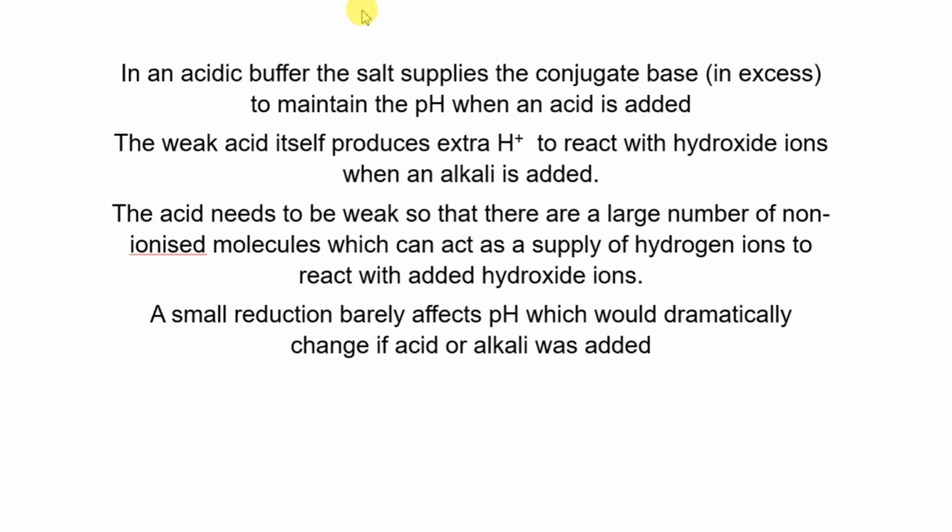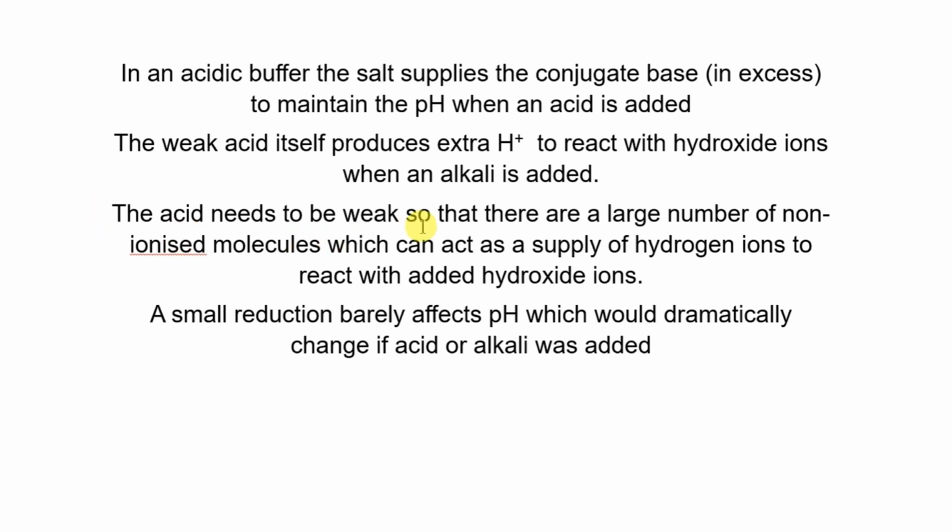In an acidic buffer, the salt supplies the conjugate base in excess to maintain the pH when an acid is added. The weak acid itself produces the extra hydrogen ions to react with hydroxide ions when an alkali is added.